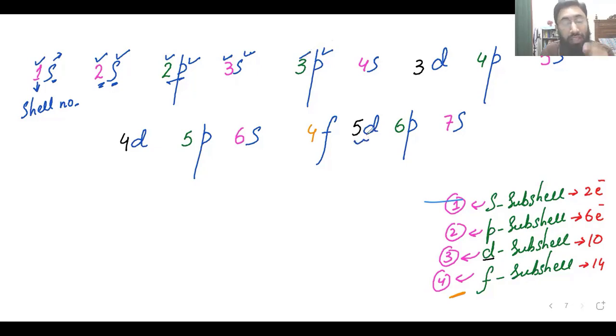Similarly, 5D means the D subshell belongs to the fifth shell. So these 1, 2, 3, 4, 5, 6 are shell numbers. 5P: what does 5P mean, guys? Anybody would like to share with me?